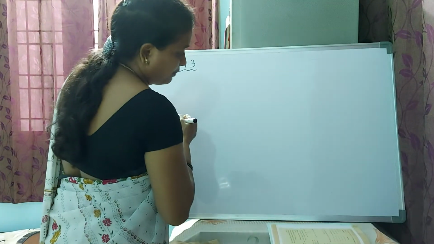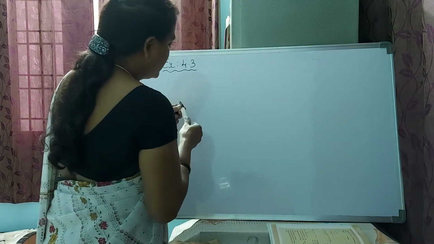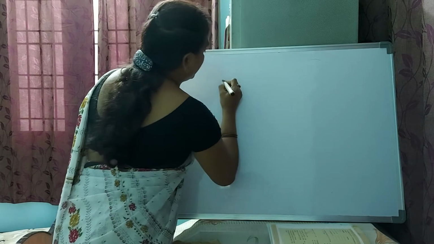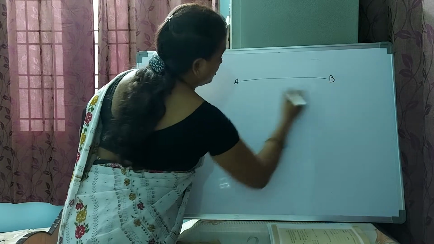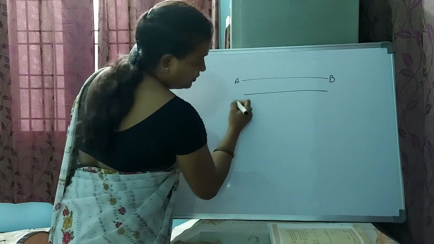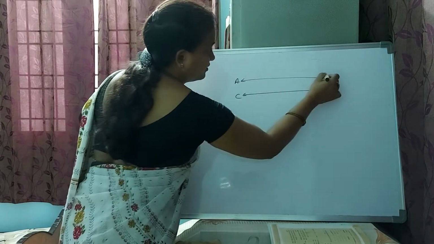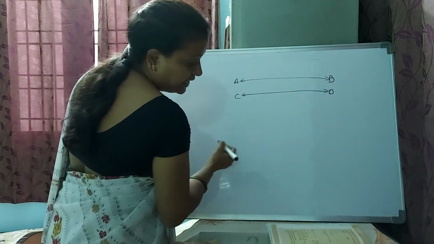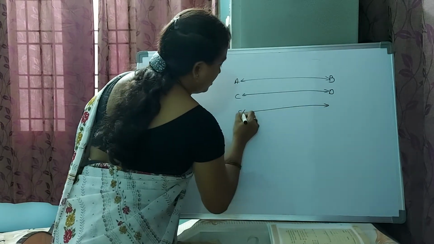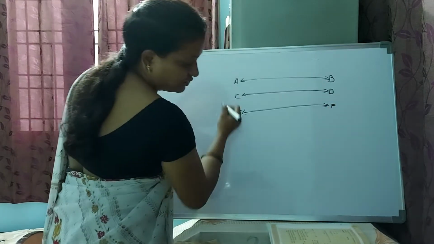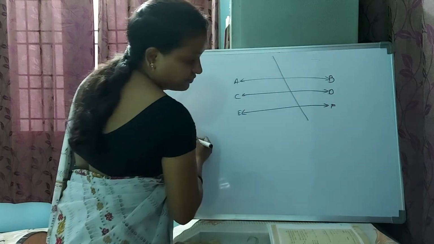Three lines are parallel in the adjacent figure: AB is parallel to CD, and CD is parallel to EF. A transversal line is also given.